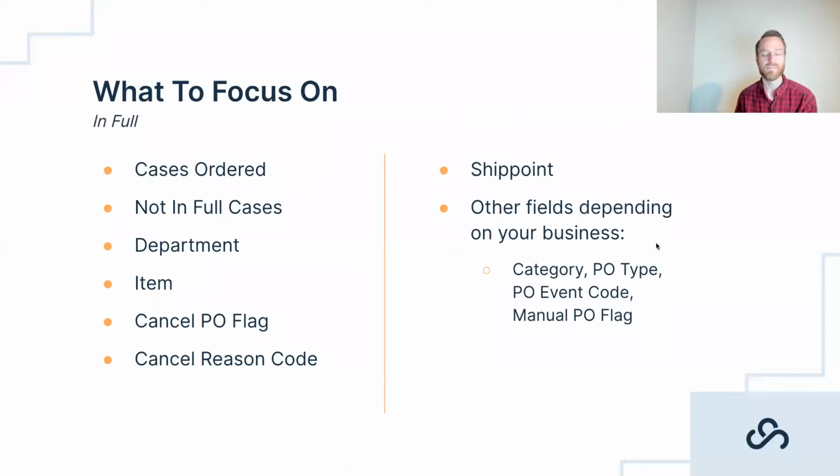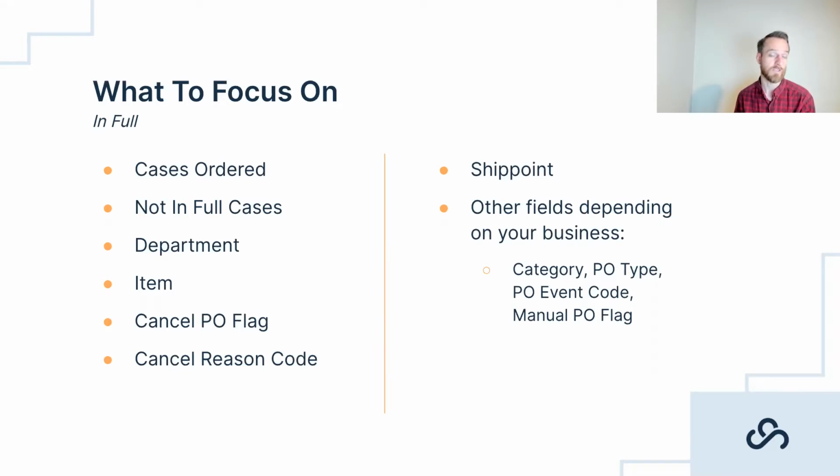So with that, some data points that are generally helpful things to consider when you're looking at in full issues. This is at a PO level, but of course you may want to roll this data up. Some factors to consider: obviously how many cases were ordered, how much was not received, and the department.